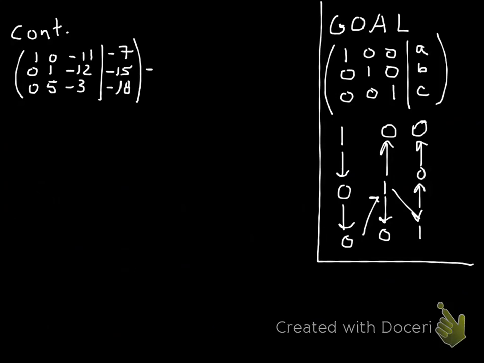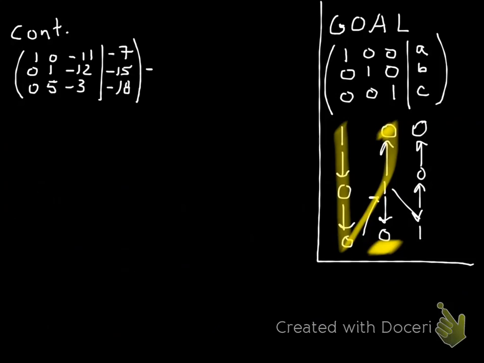Alright, so we've made it all the way to here. And what I need to do is make that 5 into a 0. So if I multiply row 2 by -5 and add it to row 3, that'll do it for me. I don't want to use row 1, because of that 1 right there.